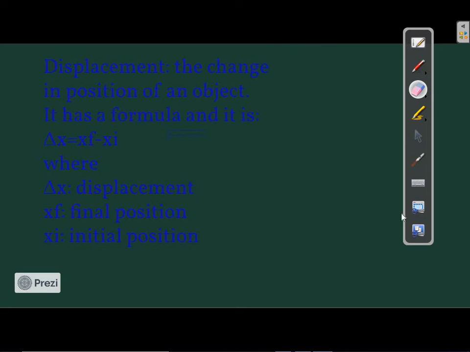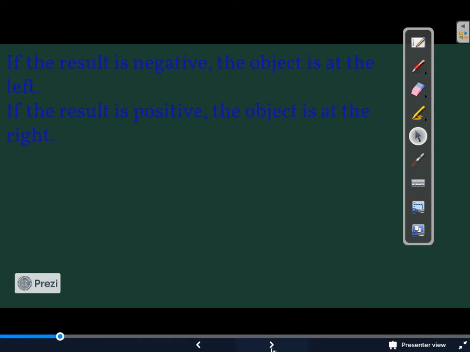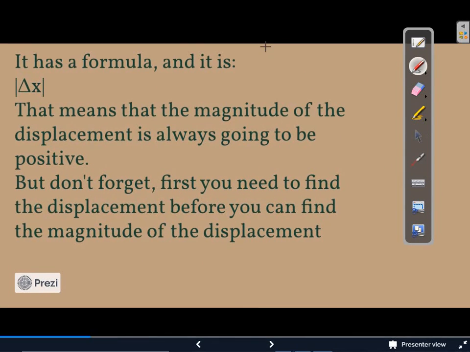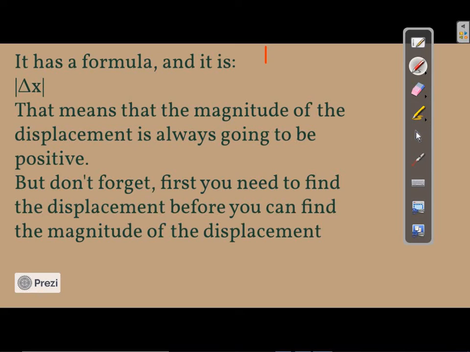I'm going to calculate the magnitude of the displacement. In our example, the displacement is equal to 1 meter, and now I want to calculate its magnitude.